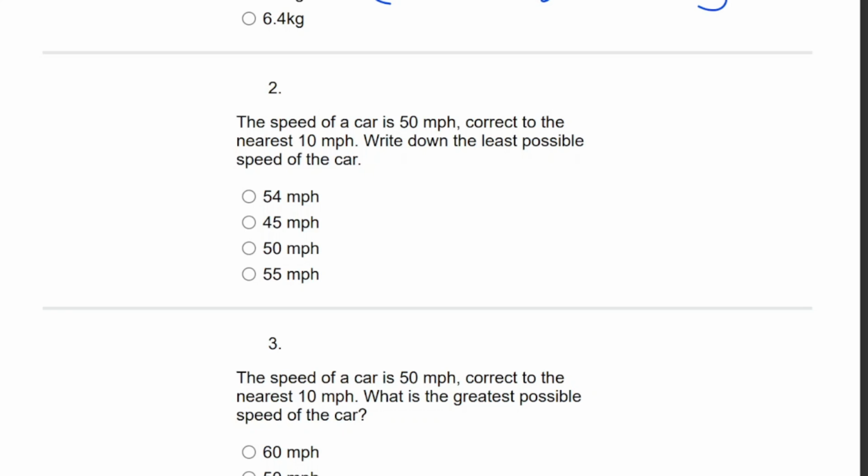Since the question is to the nearest 10, the unit is 10. That means the maximum error will be equal to 10 divided by 2, which is 5 mph.